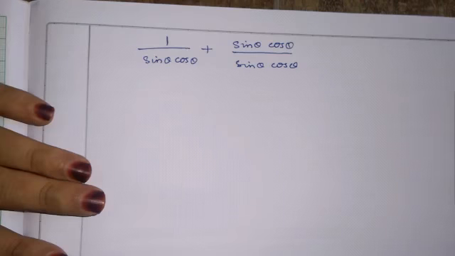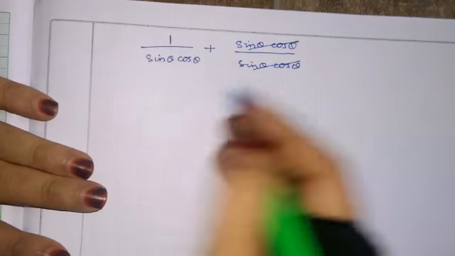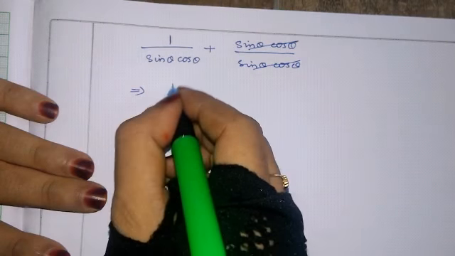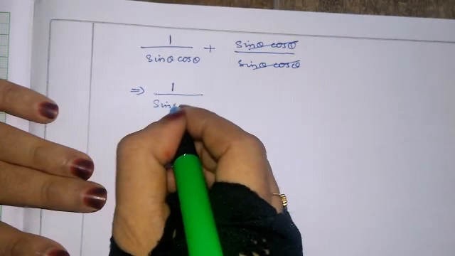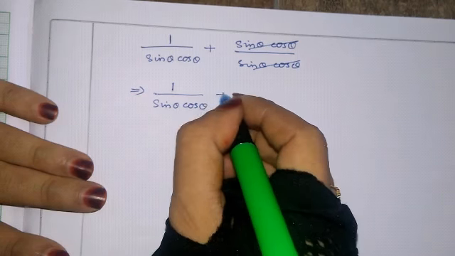Now, separated means it gets cancelled. Okay, now let us continue. What we have got cancelled here, so 1 upon sin theta cos theta plus 1. I'll do that step one more time so that there is continuity: 1 upon sin theta cos theta plus sin theta cos theta upon sin theta cos theta. These get cancelled. Now 1 upon sin theta cos theta plus 1.